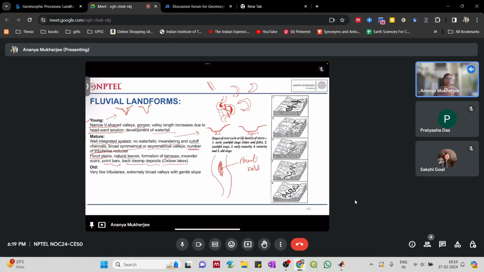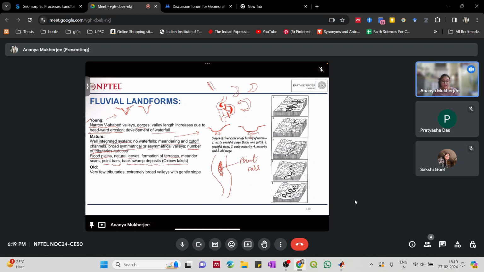So the dominant process that you can see at the older stage is actually the deposition of the sediment load that the water is carrying.